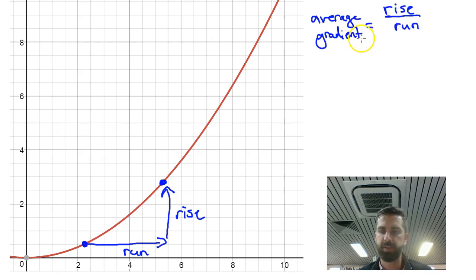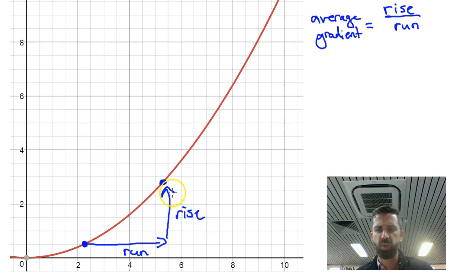Now it's called the average gradient because it's a curved line. So the gradient, if we looked at this really closely, is actually changing as that curve goes along. So here the rate at which it's increasing is lower, whereas as it moves here, that rate has just increased a little bit. So we're really only talking about the average gradient.